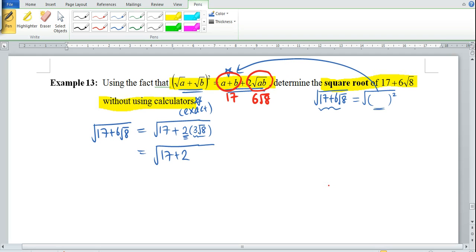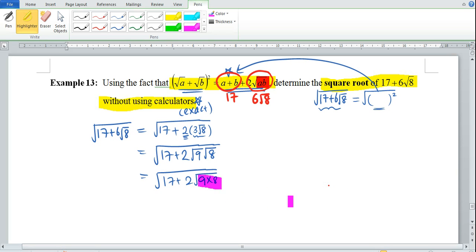But this 3, I can rewrite as square root 9, and then with the square root 8 from the question. Now this intentional move is such that I can express the surd in terms of 2 square root 9 times 8. Now if I were to compare with the question, what can we say about what is a and what is b?